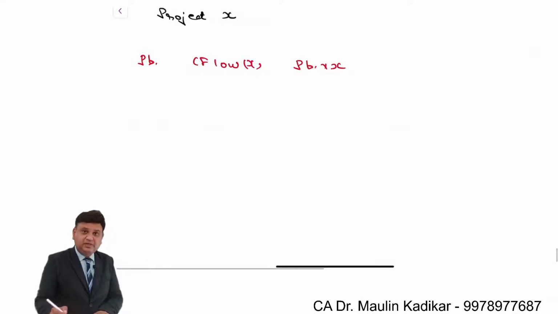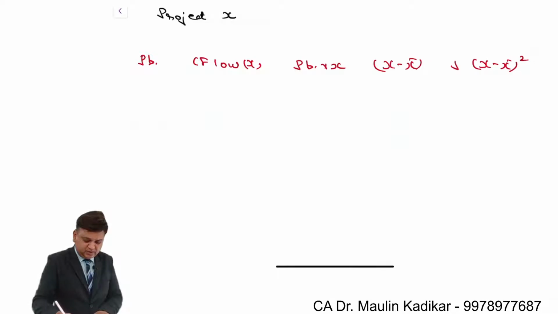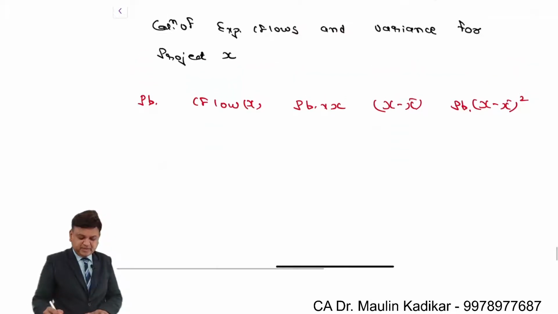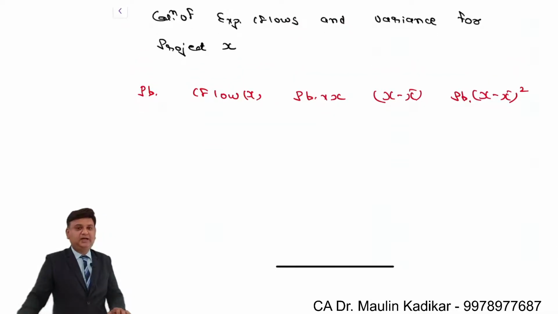Third column is probability into X. Fourth column is X minus X bar. Last column is X minus X bar whole square into probability. Summation of that is variance, and under root of the same is standard deviation. Then we understand risk upon return is the coefficient of variation. Whatever we do for X, similarly we have to do for Y.